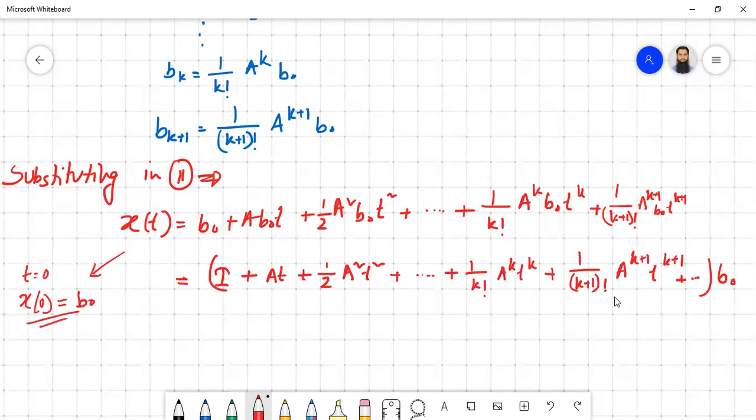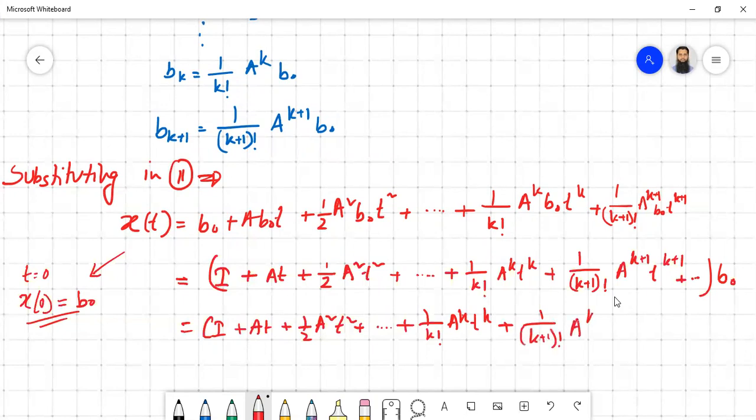So we can replace this one, and that will give us something like this: I plus A t plus half A squared t squared plus 1 by k factorial A^k t^k plus 1 by (k+1) factorial A^{k+1} t^{k+1} plus goes on. Then we can say this multiplies our x0. Okay.